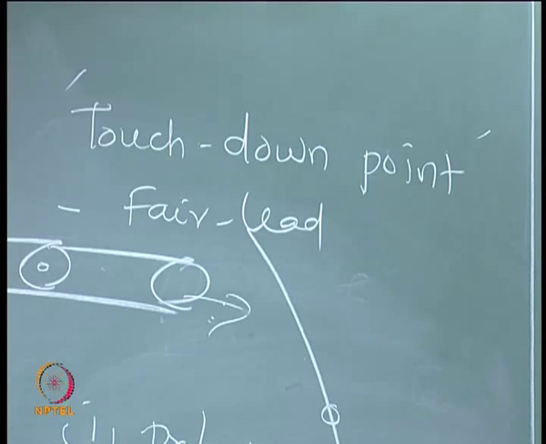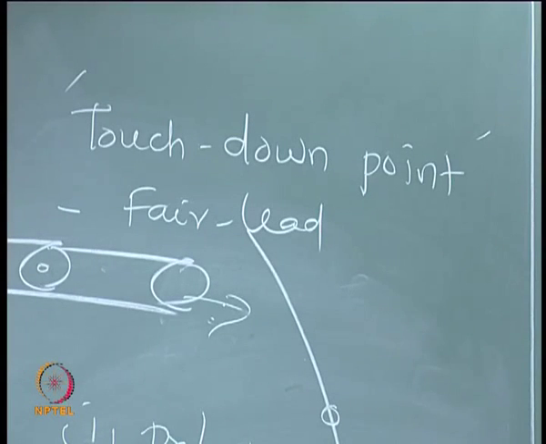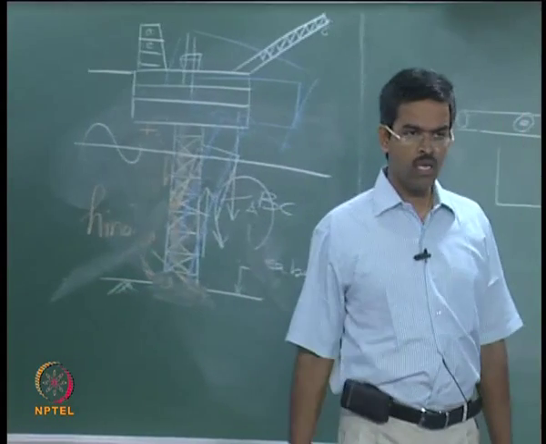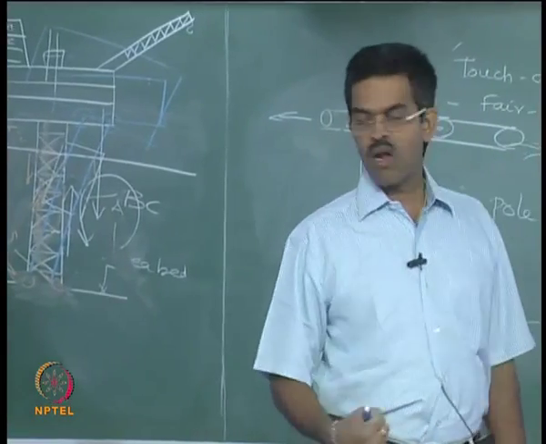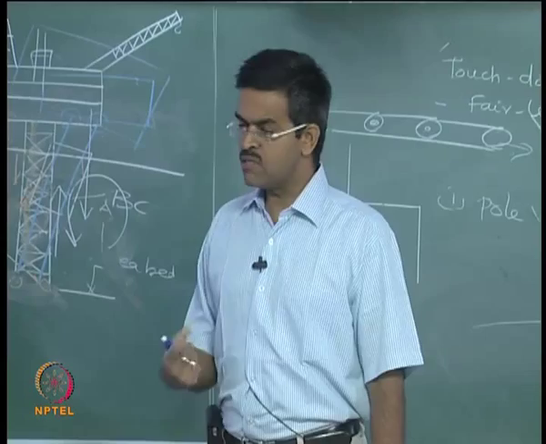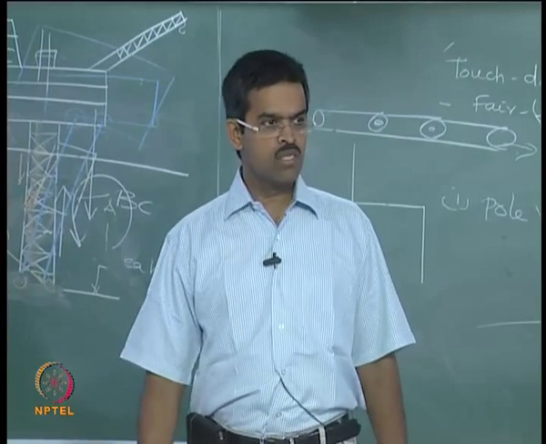Okay, fair lead. Now, interestingly, you cannot float a cable in water, because the cable has no weight compared to the buoyancy offered by water. The cable will keep on floating, you will not be able to restrain the cable at any specific location you want. So, how do you do that? You attach weights to it, they are called clump weights. This weight will drag down the cable to the sea floor.